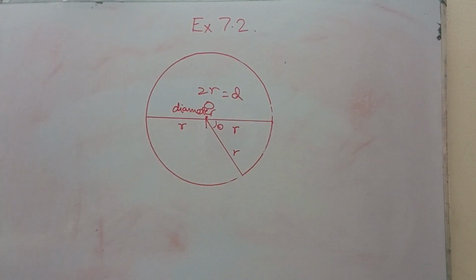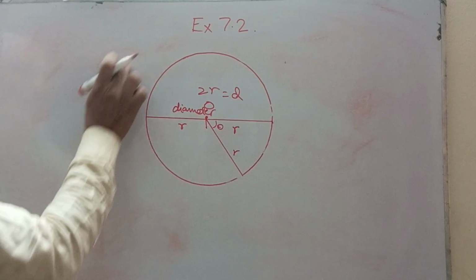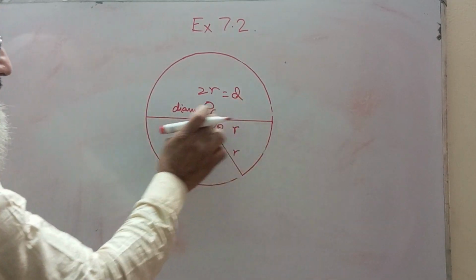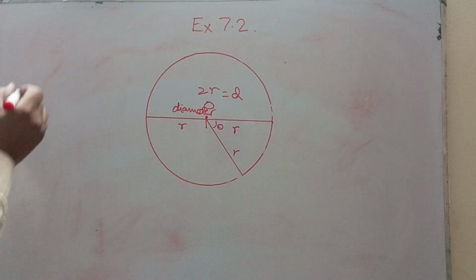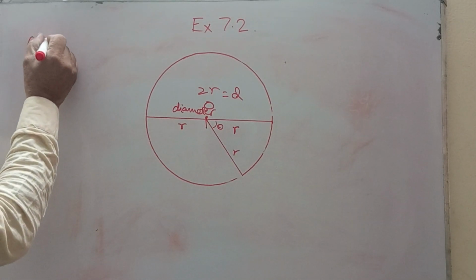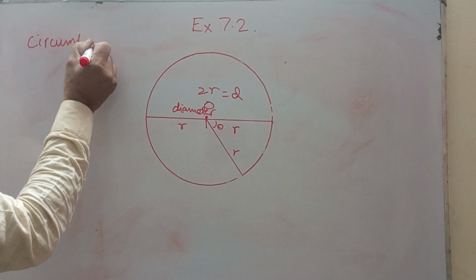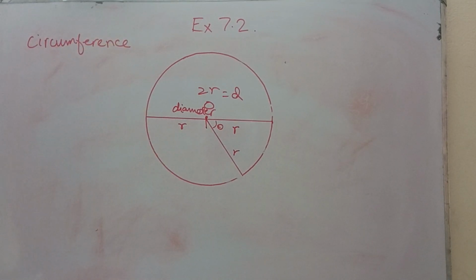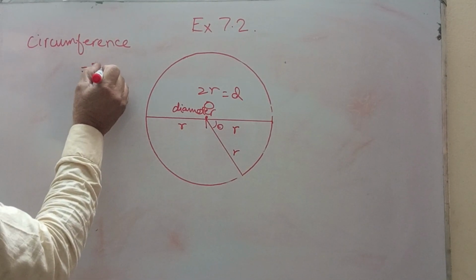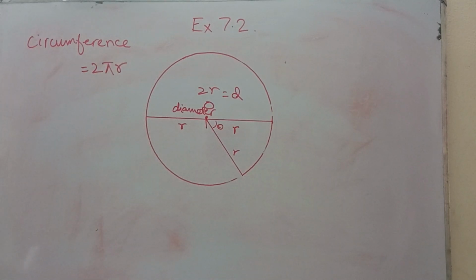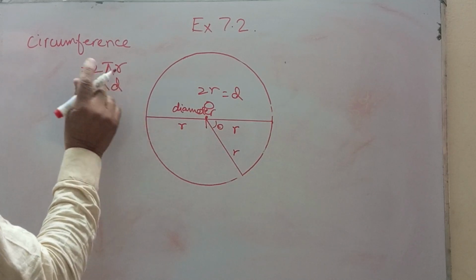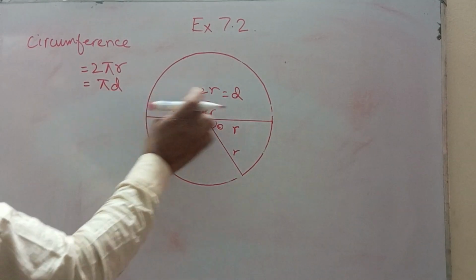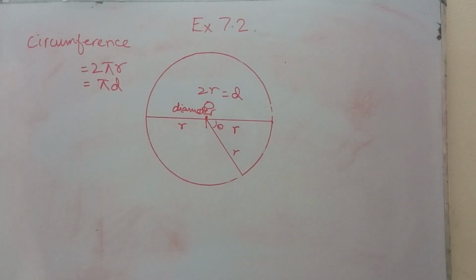Now I have told you about three things: the circumference, the radius, and the diameter. Now the perimeter. What was the perimeter? It was the circumference. Circumference, as the mathematicians have told us, is equal to 2 pi r, or it may be equal to pi d, because r plus r is equal to d.